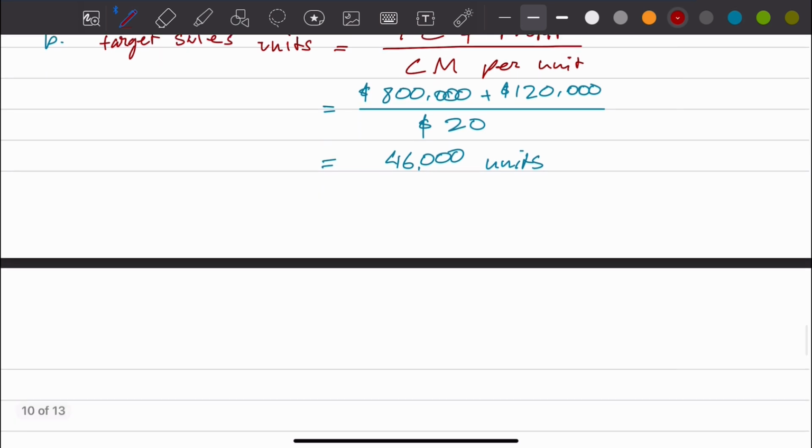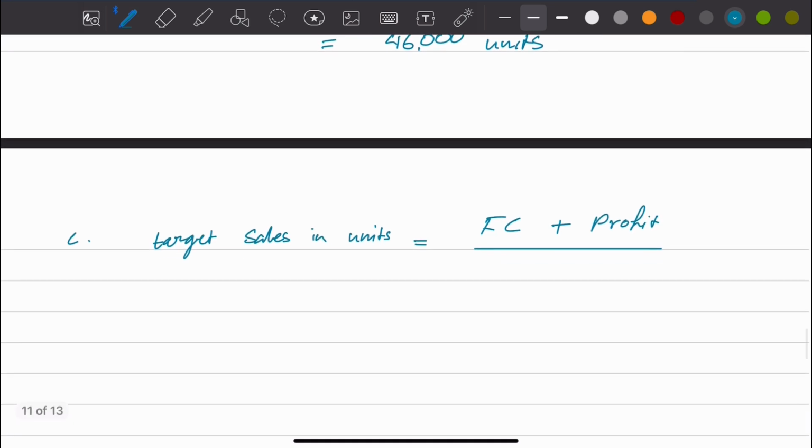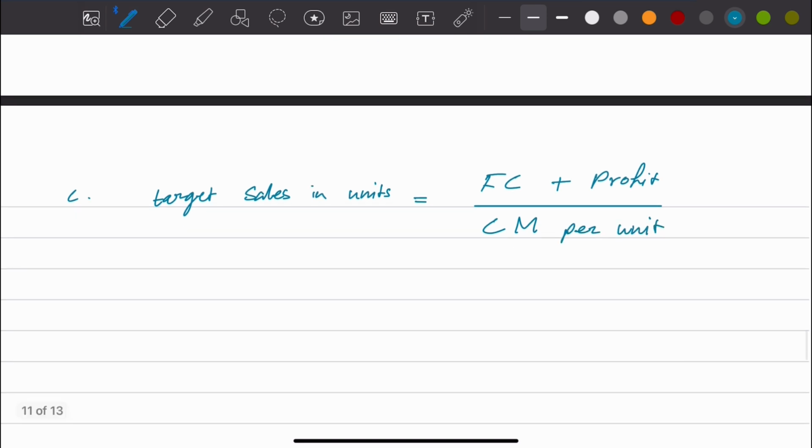So again, part C, target sales in units, fixed costs plus profits over contribution margin per unit. Okay.